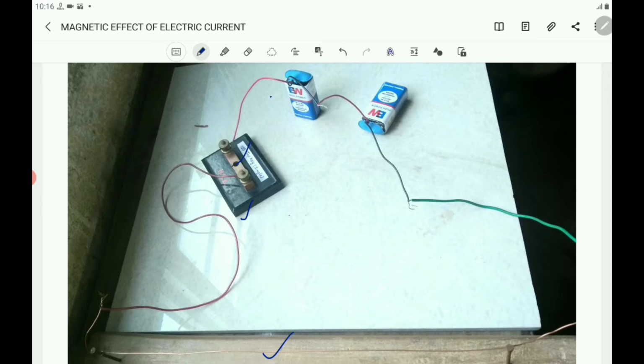If you insert the plug, current flows through the circuit and you can observe the flow of electric current by the deflection made by the compass needle, as the magnetic field is created around the current carrying copper wire.